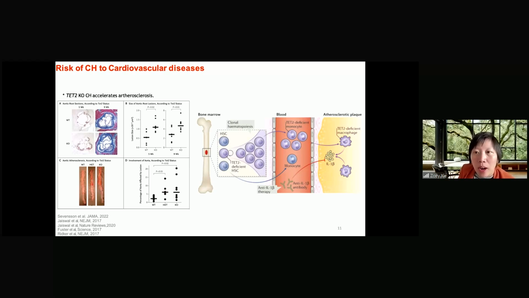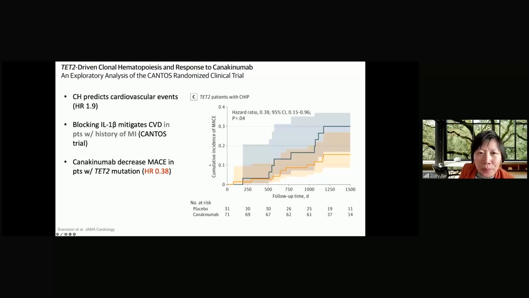Clusters of papers have provided strong evidence in favor of the inflammation hypothesis in cardiovascular disease. On the left side, it showed that the TET2 knockout mice develop larger atherosclerotic lesions than the wild type, possibly related to increased leukocyte recruitment. And the TET2-deficient macrophages are more inflammatory, producing more IL-1 beta, which leads to increased monocyte recruitment and larger lesions.